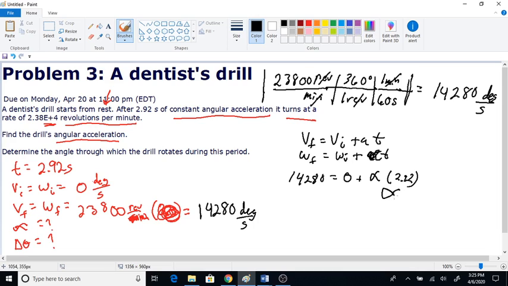My alpha is equal to 4,890.4, and our units will be degrees per second squared. Kappa will spit it out in radians per second squared if you get it right, but don't mind that. We can leave it in degrees when we put the answers in.